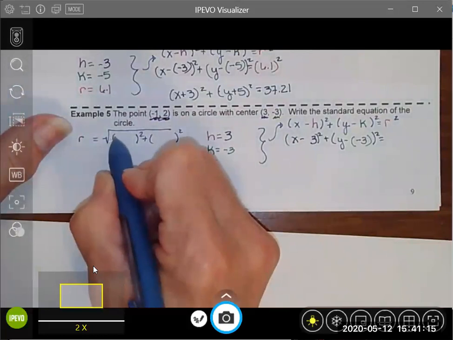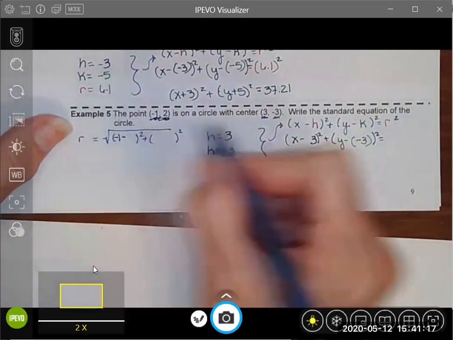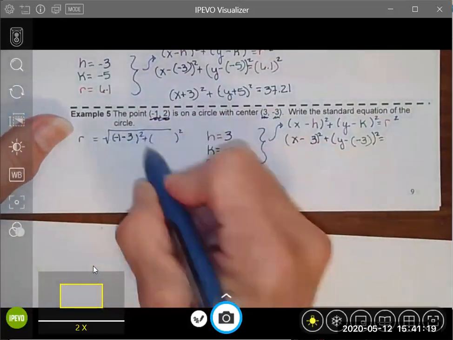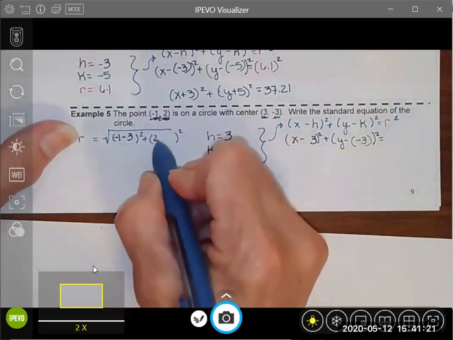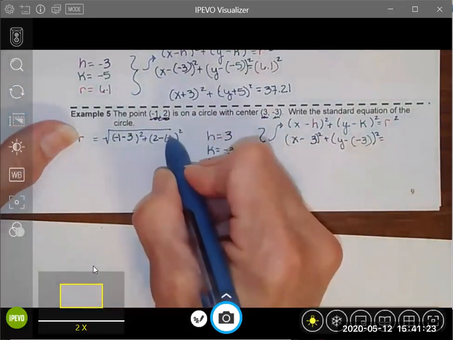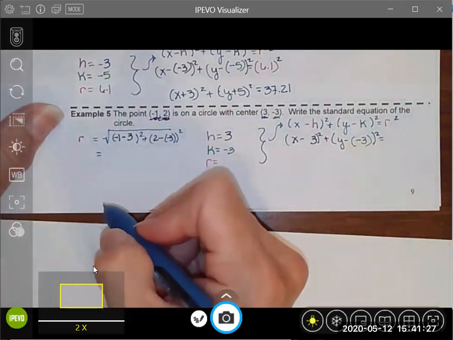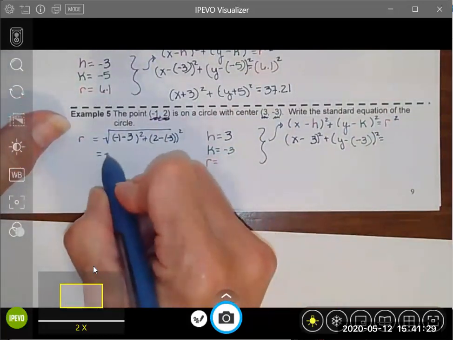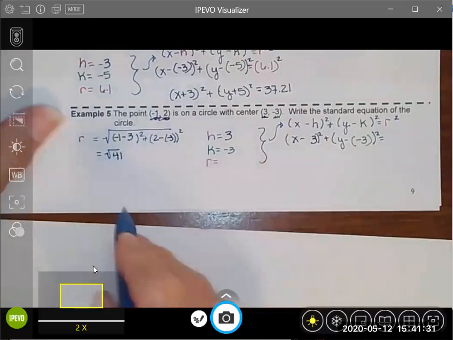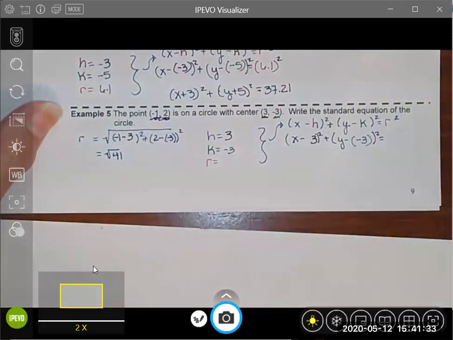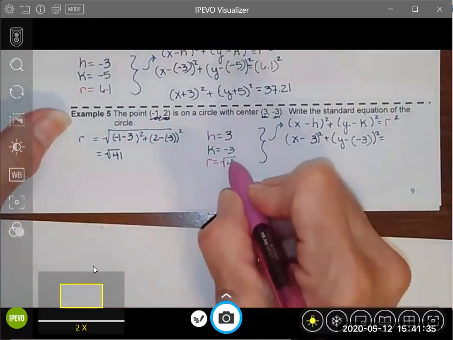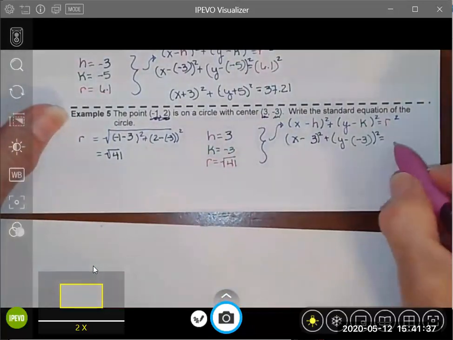I'm going to substitute in -1 minus 3 squared plus 2 minus -3 squared. And when you simplify that lovely little thing, you end up with the square root of 41. I'll let you do that algebra. So now my radius is the square root of 41.